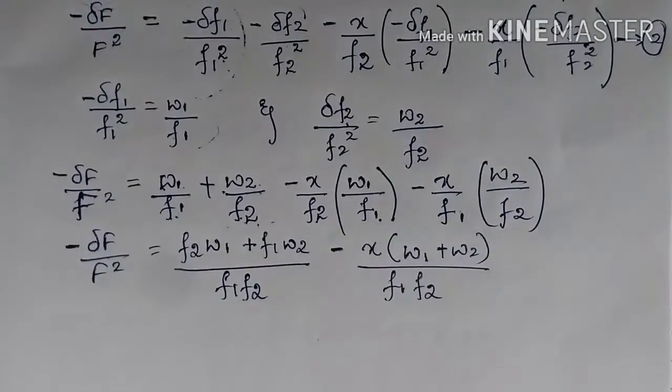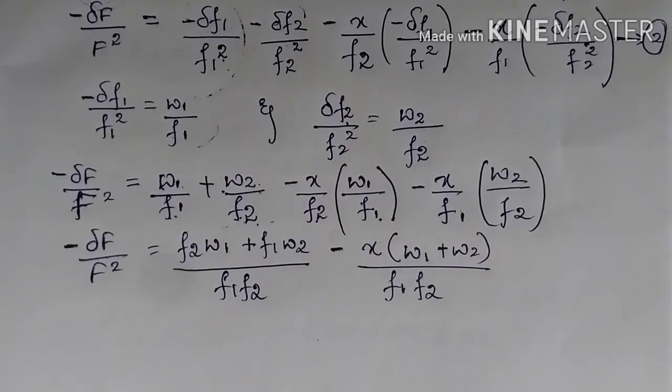Why? Because the denominator in both the terms is the same. So hence the LCM is f1 f2, and from the numerator terms x omega 1 plus x omega 2, you can take x common. If you take x as common, then what will be left is omega 1 plus omega 2.